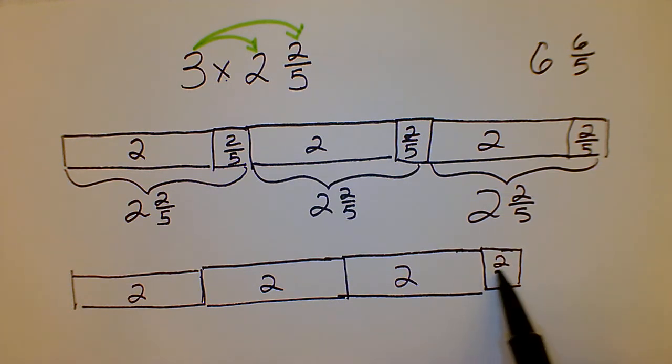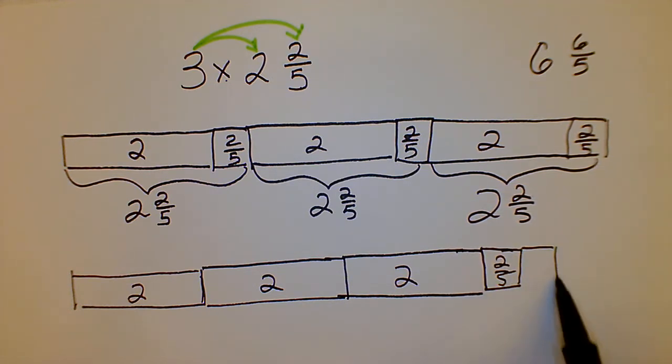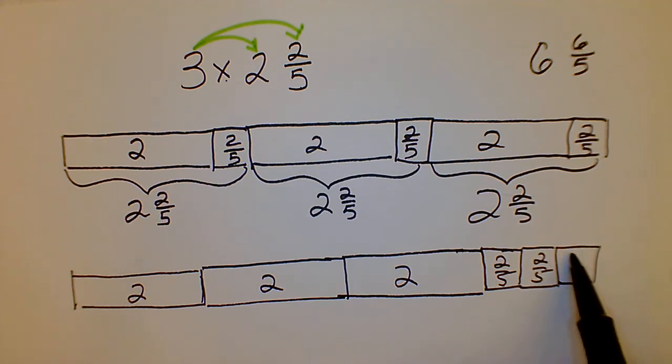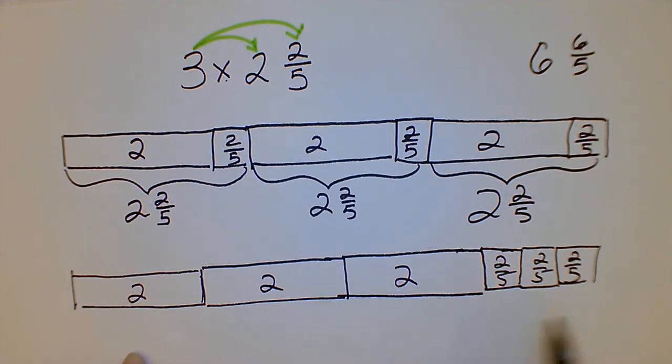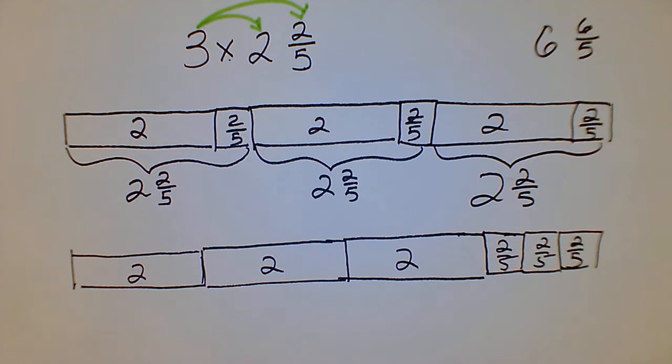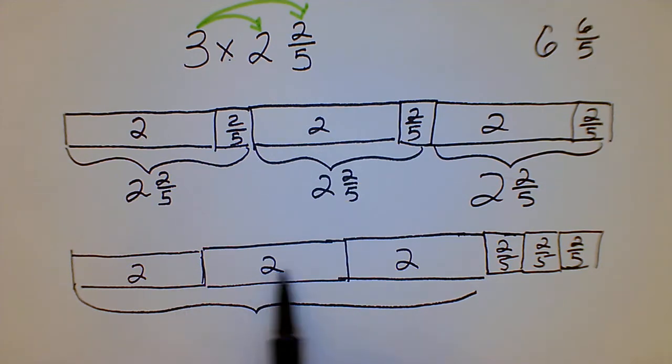So we have 2/5, 2/5, and 2/5. Again, we have the same exact stuff, we've just ordered them in a different way. This is a way that's going to make it easier to do the math. So what this represents is 3 times 2, because we have 2 3 times.